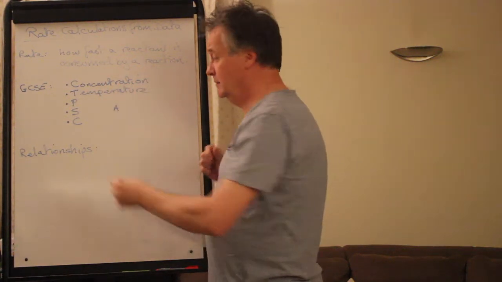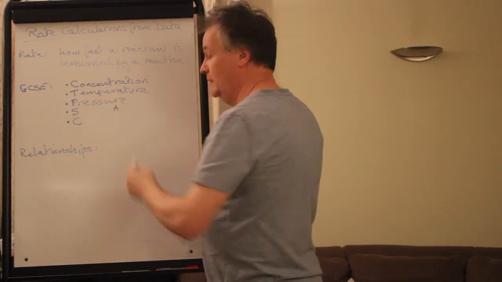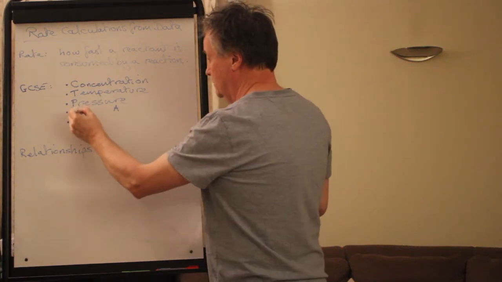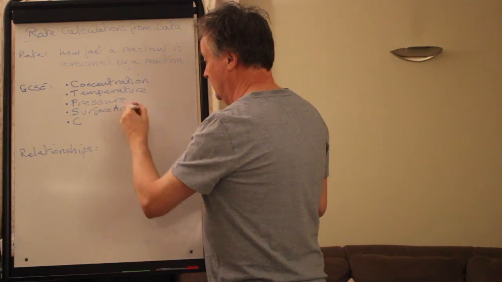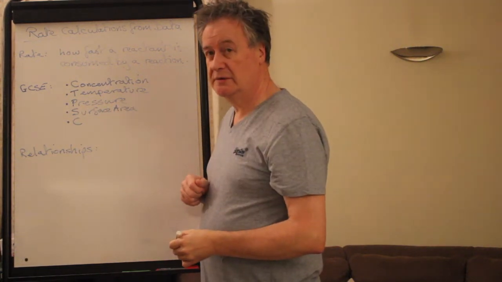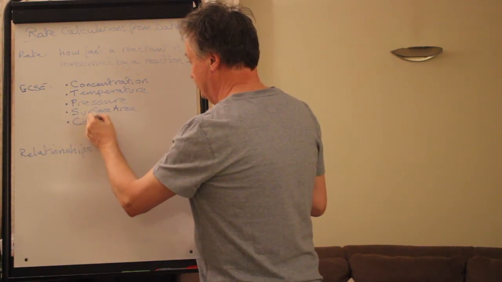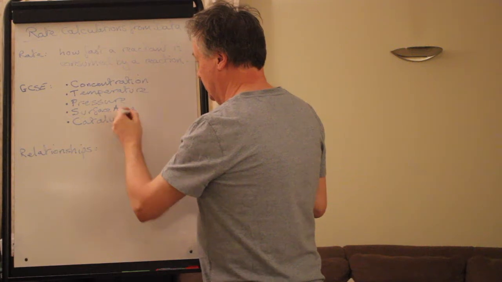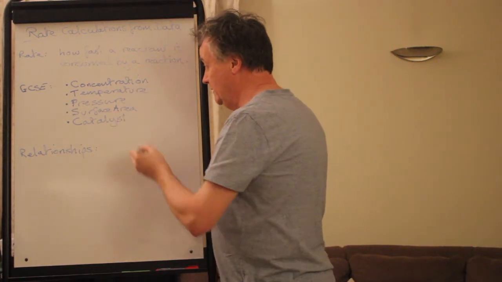The most dramatic. Never looked at. The one everybody struggles to understand at the beginning. And the one there aren't many experiments to show at GCSE, but there we are.